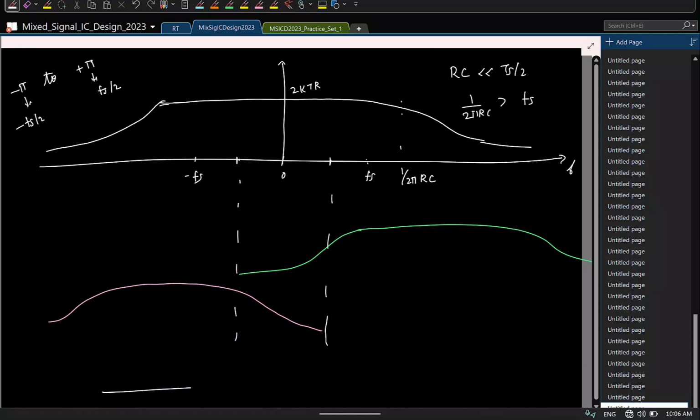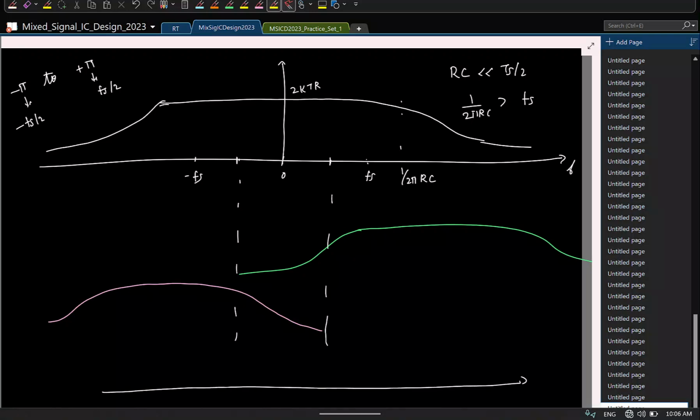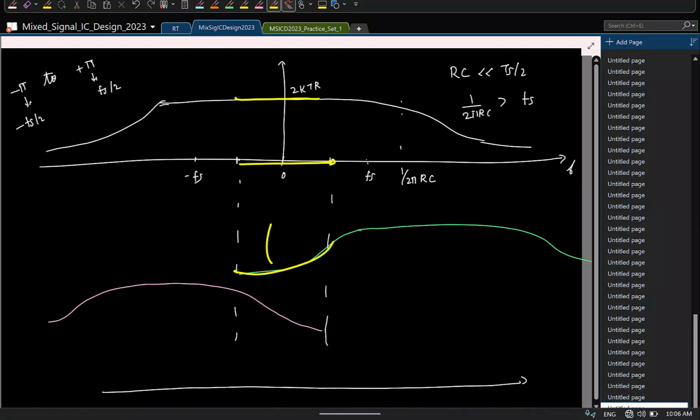Now you can see in this portion we have this guy, and on top of it this portion is getting added, and this portion is getting added.